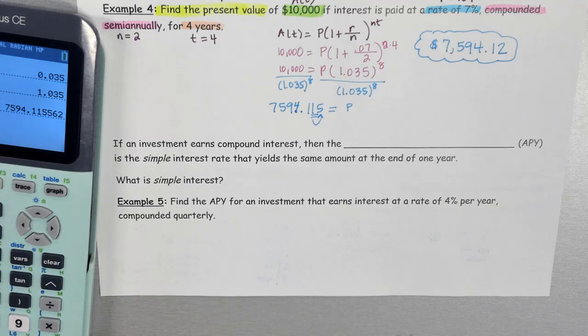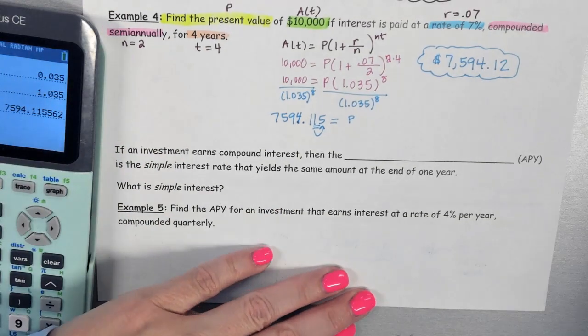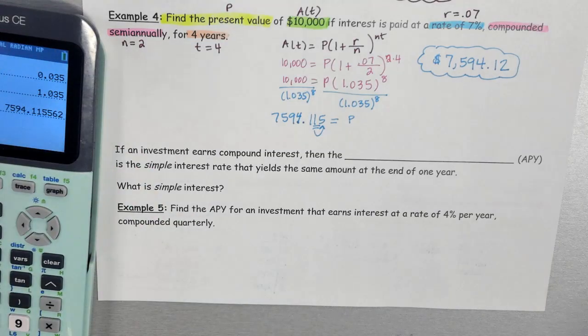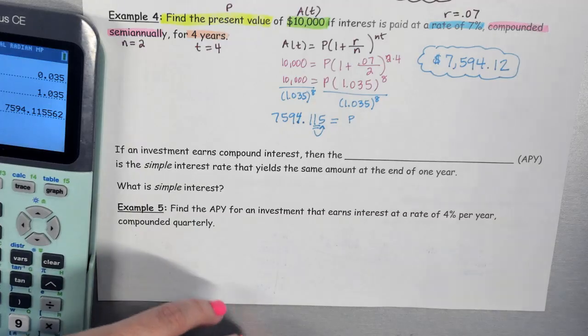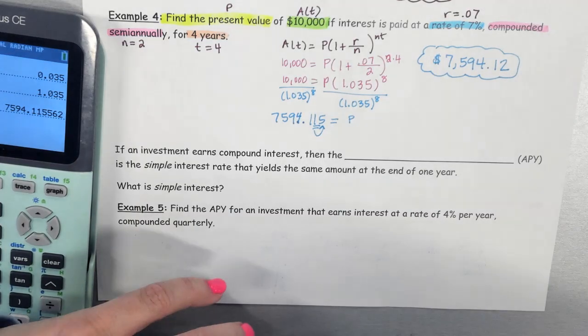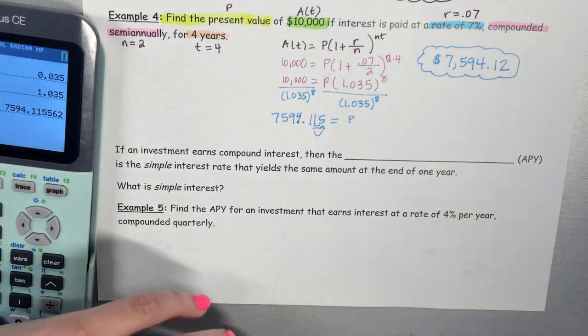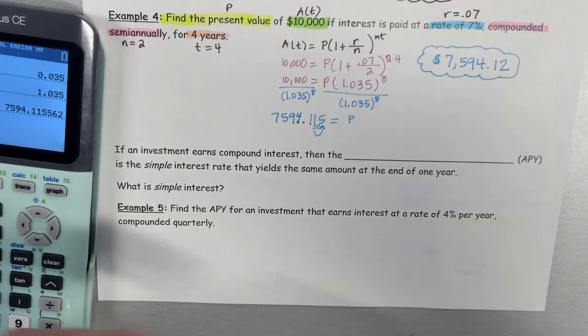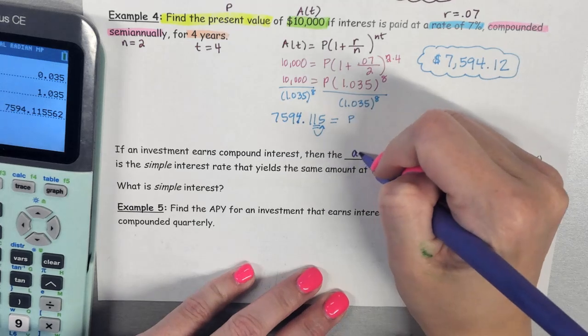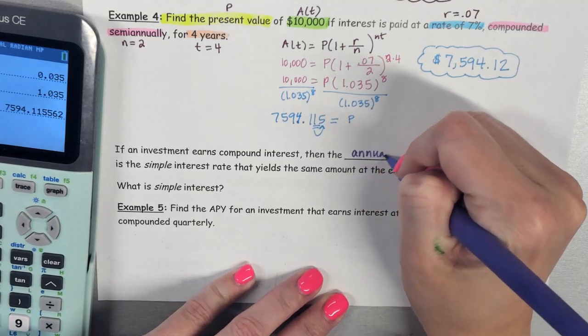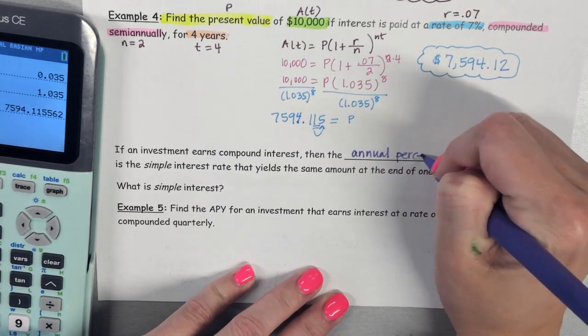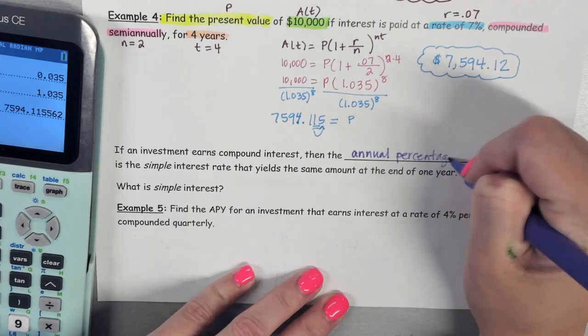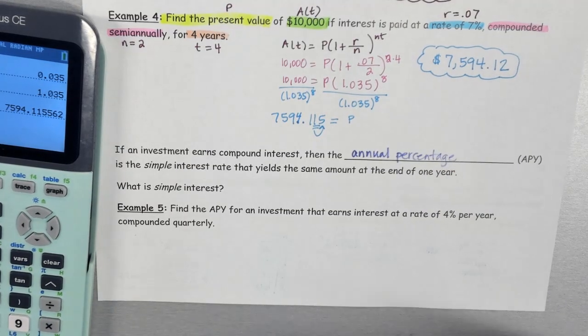Okay, and then if an investment earns compound interest, then the annual percentage yield is something that we're going to find. Okay, this is called the APY, the annual percentage yield.